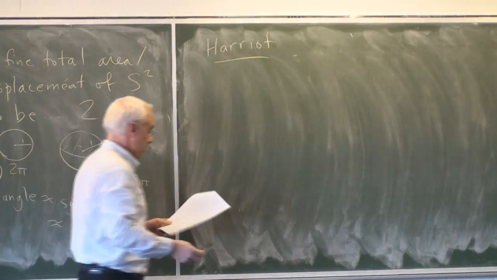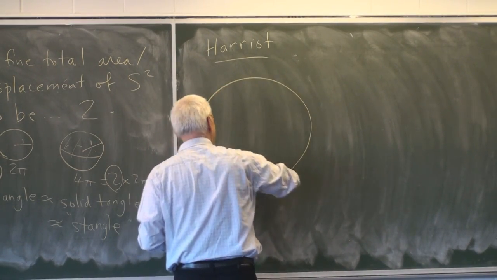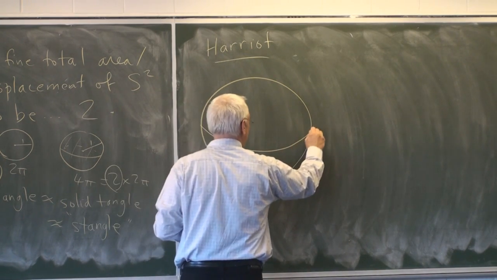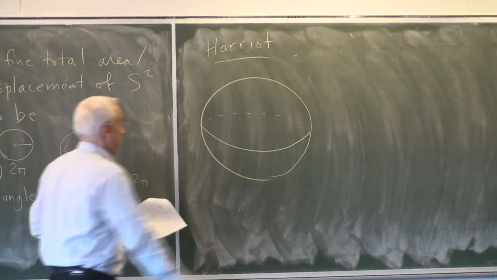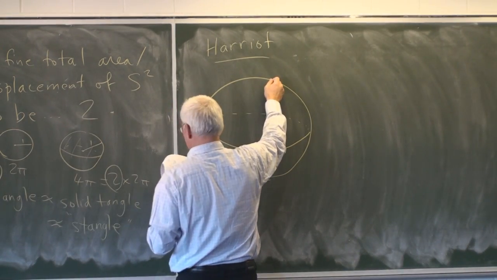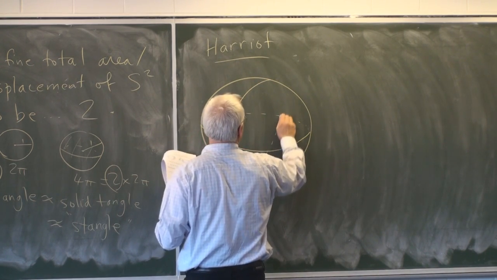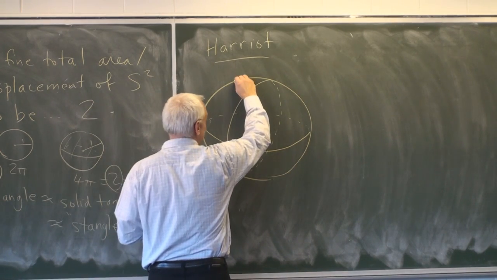And it concerns the area of a spherical triangle. So here's our sphere. And let's make one of the sides the equator, since I have to draw that in anyway. So that's going to be one of our sides. And then we're going to have another side like this. And another side like this.